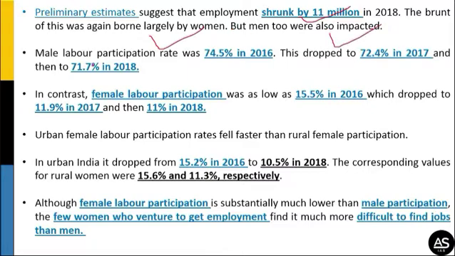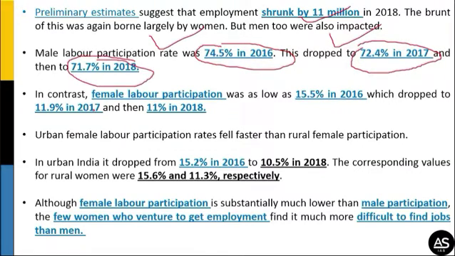Okay, so the male labor participation rate was 74.5% in 2016. This dropped to 72.4% in 2017 and again to 71% in 2018. In contrast, women's participation was low, actually 15.5% in 2016, and it also decreased, coming down to 11% in 2018.